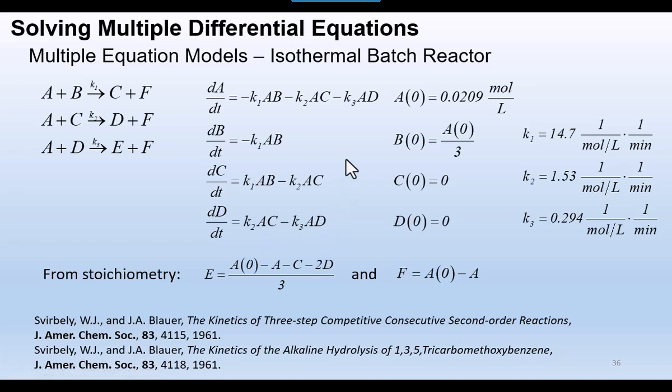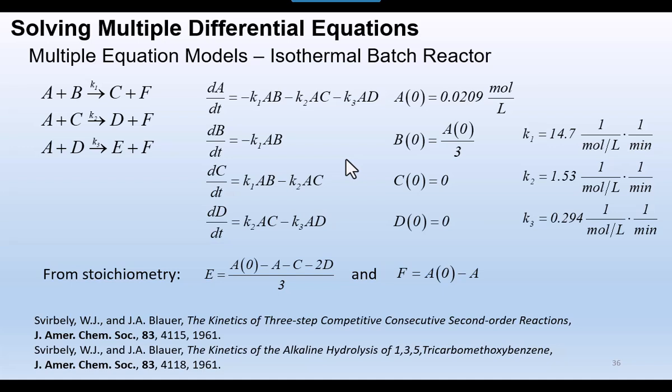With a little bit of work here, it turns out we do not need to write a differential equation for E, although we could, but you can compute E using reaction stoichiometry, and the expression for that is shown in the middle of the slide. And also, the amount of F produced turns out to be just the same as the amount of A that has been consumed.